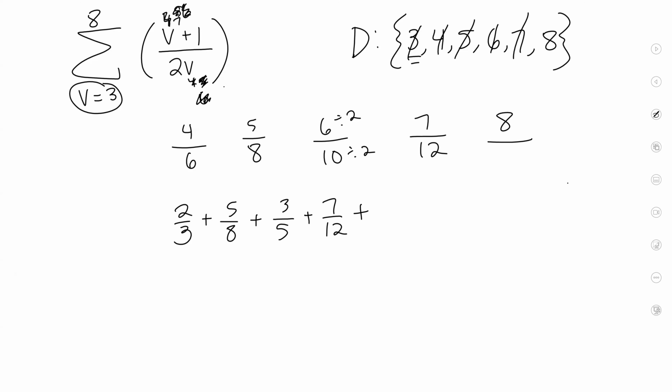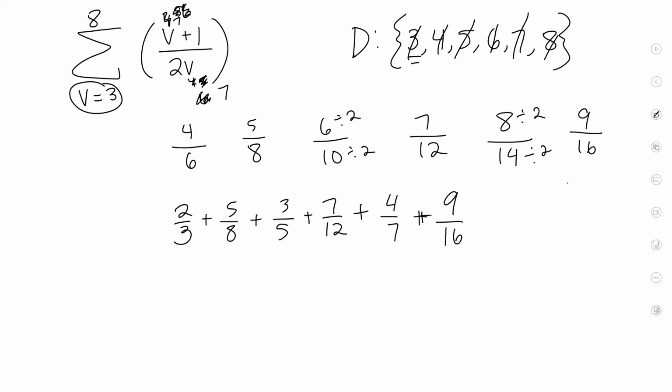Plug in a 7. 2 times 7 is 14. We can simplify this by dividing by 2. So we'll get 4/7. And then our last one, we're going to plug in an 8. So this will be 8 plus 1, which is 9/16. And that cannot be simplified.